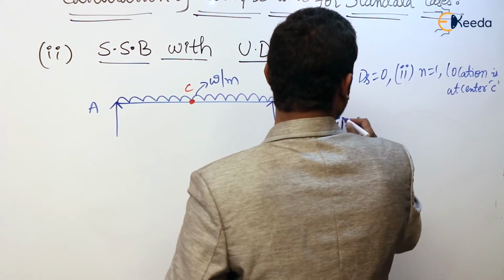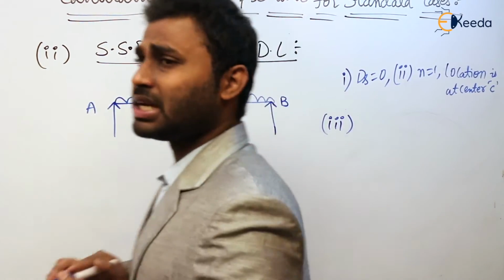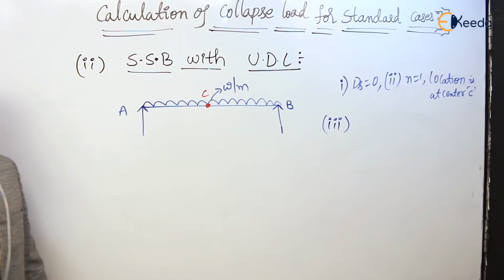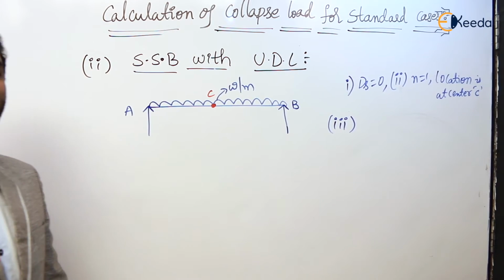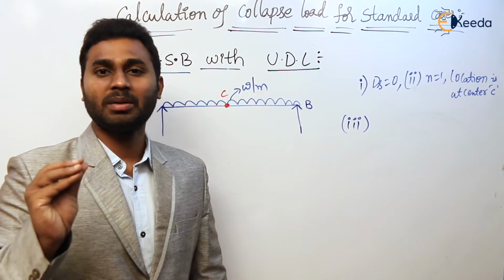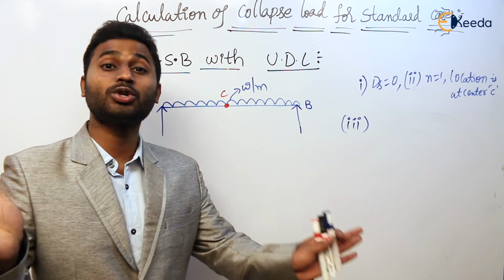Now before going to the principle of actual work done, let us discuss what is UDL. What is meant by UDL? UDL is nothing but uniformly distributed load. Uniformly distributed load is nothing but a number of point loads of same magnitude which are placed close together.